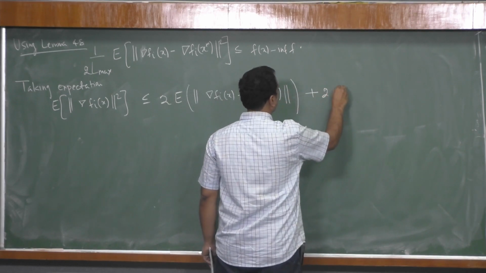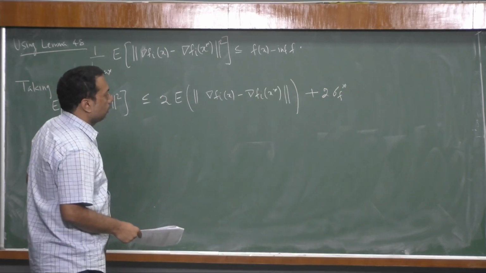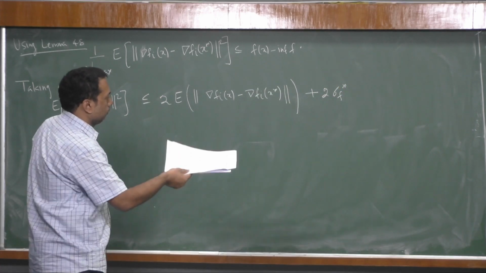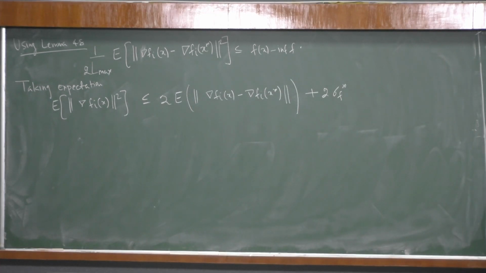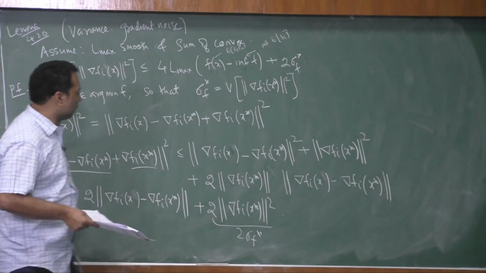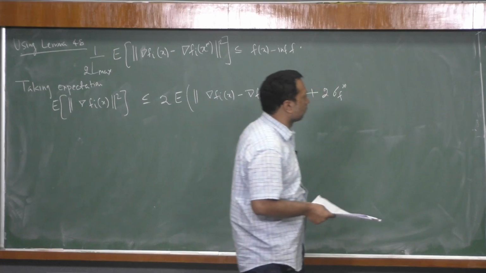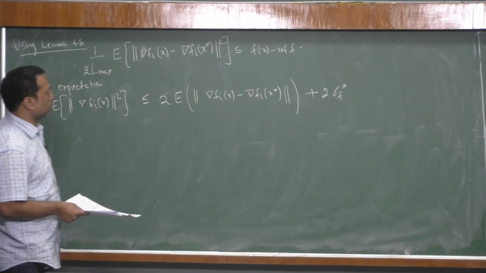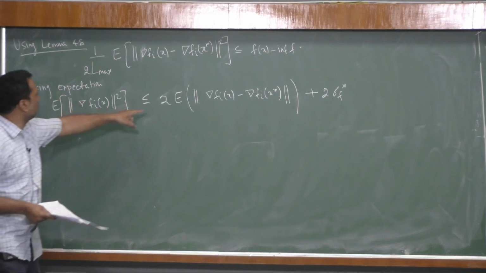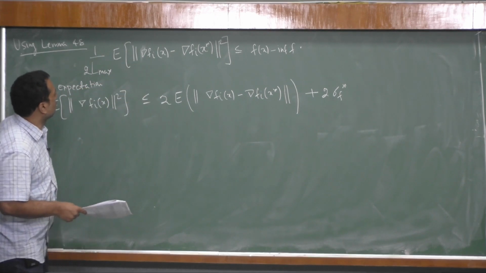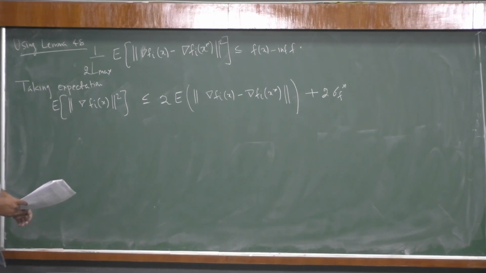So this is 2 sigma f star, after taking expectation of that, as we did a little while ago. So we don't have to do anything there. And then for this guy, the lemma is already sitting there, to be used.